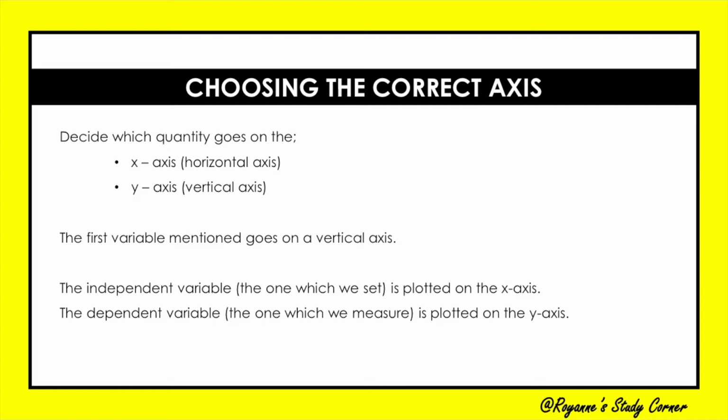So you do something with the independent variable, and that's the cause, and it has an effect, and the quantity that is affected is called our dependent variable. Now, you don't necessarily have to focus so much on that right now, but what you have to make sure to remember is the first quantity that they mention goes on the y-axis.